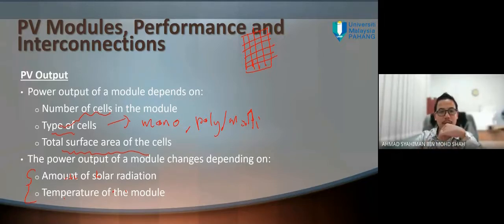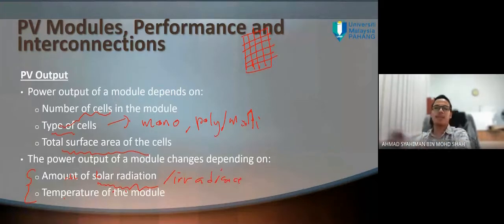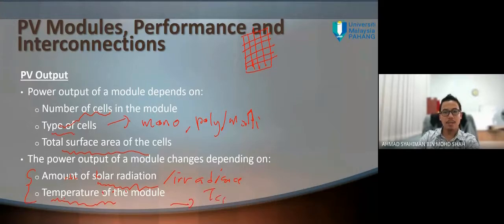It is the amount of solar radiation or solar irradiance. The instantaneous irradiance will totally affect the output of the solar module. Another thing is the temperature of the module. Ini kita panggil juga sebagai T-cell, the cell temperature or the module temperature. So these two factors.